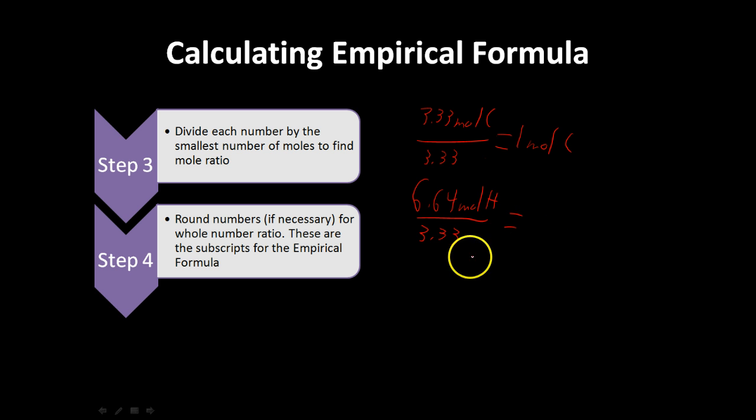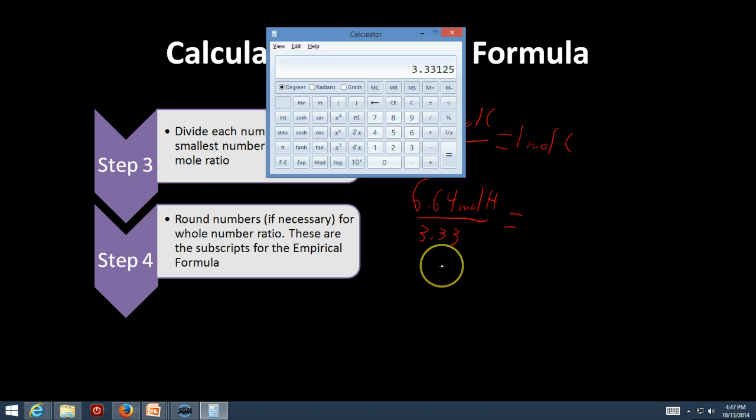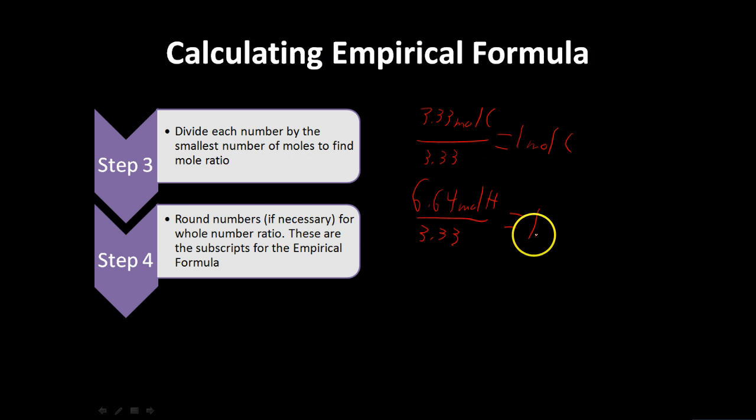Let me bring that up so you can see it. 6.64 divided by 3.33. Look at that, 1.99 mole of hydrogen. And then again, 3.33 mole of oxygen divided by 3.33 is 1.00 moles of oxygen.